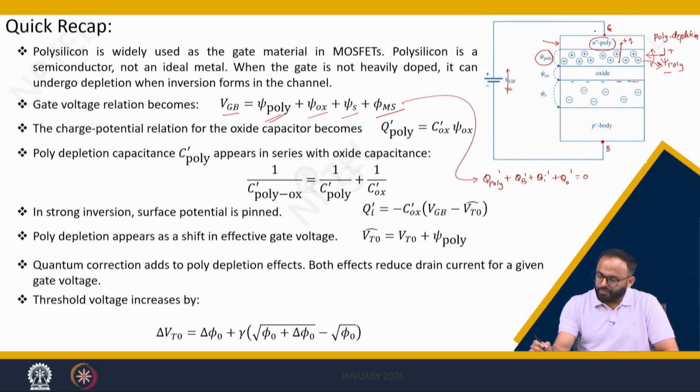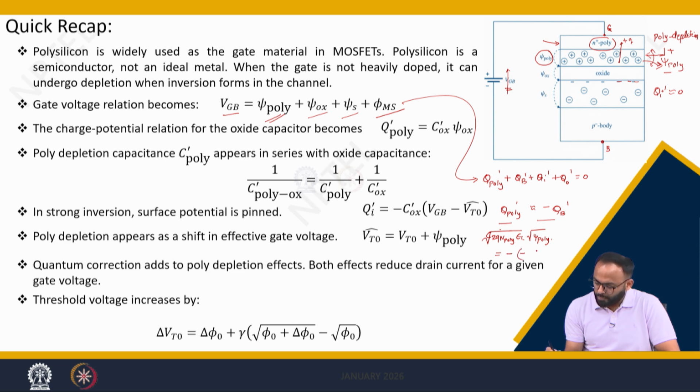In weak inversion, when we consider that the inversion charge is almost 0, then we can simply relate the poly charge as approximately equal to minus QB dash, where we found that Q poly is square root of 2 into Q into N poly into epsilon s into square root of psi poly, and QB dash is minus square root of 2 into Q into Na into epsilon s into square root of psi s.